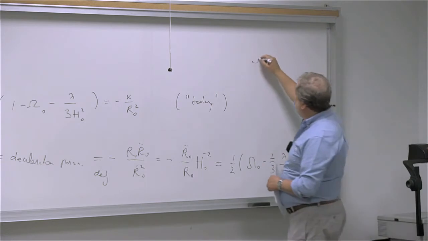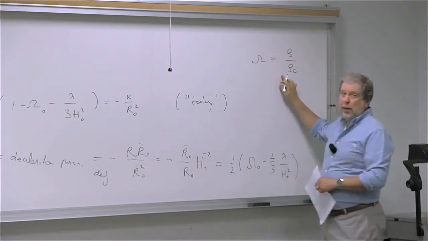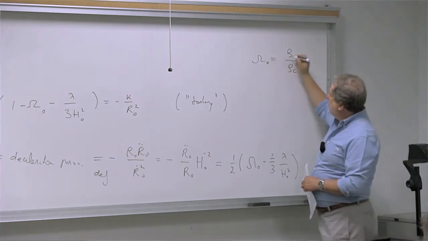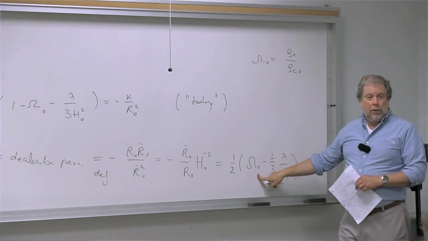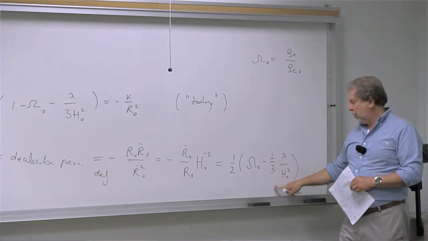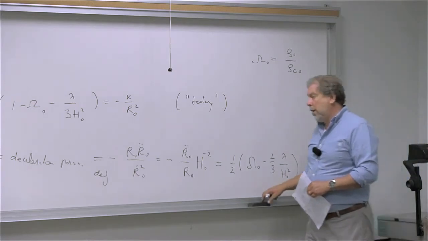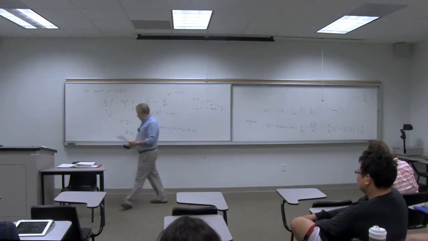Remember, the omega is defined as the rho divided by the rho critical, right? So evaluated today, that is the rho naught divided by rho critical naught. So the measurement of the deceleration parameter will give us a good handle on what this fraction is and what, well, the Hubble constant, which can be determined independently, so we're supposed to know what that is, right?